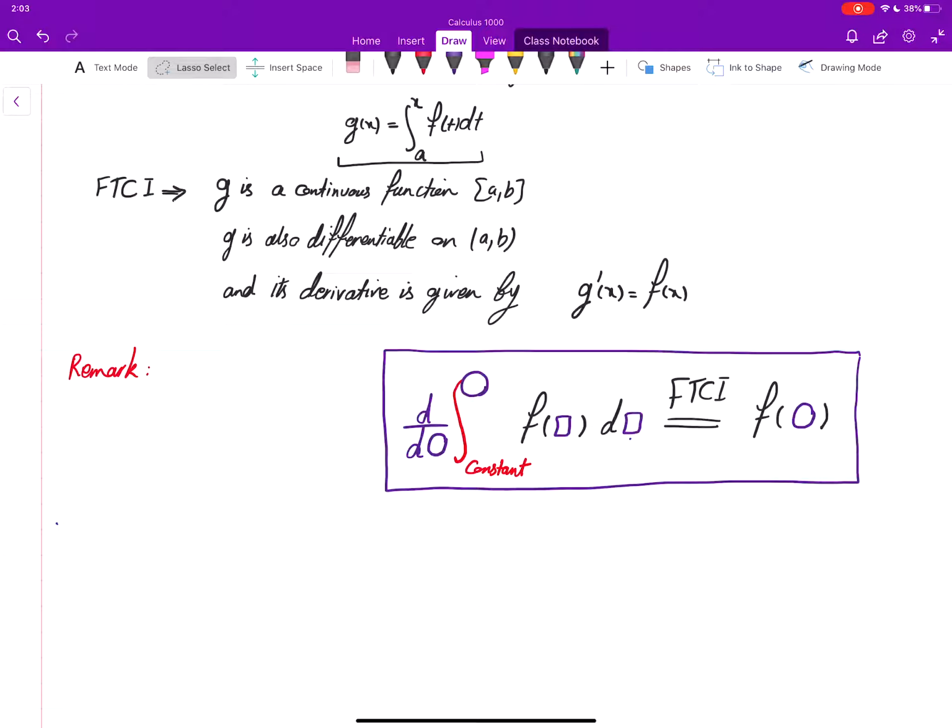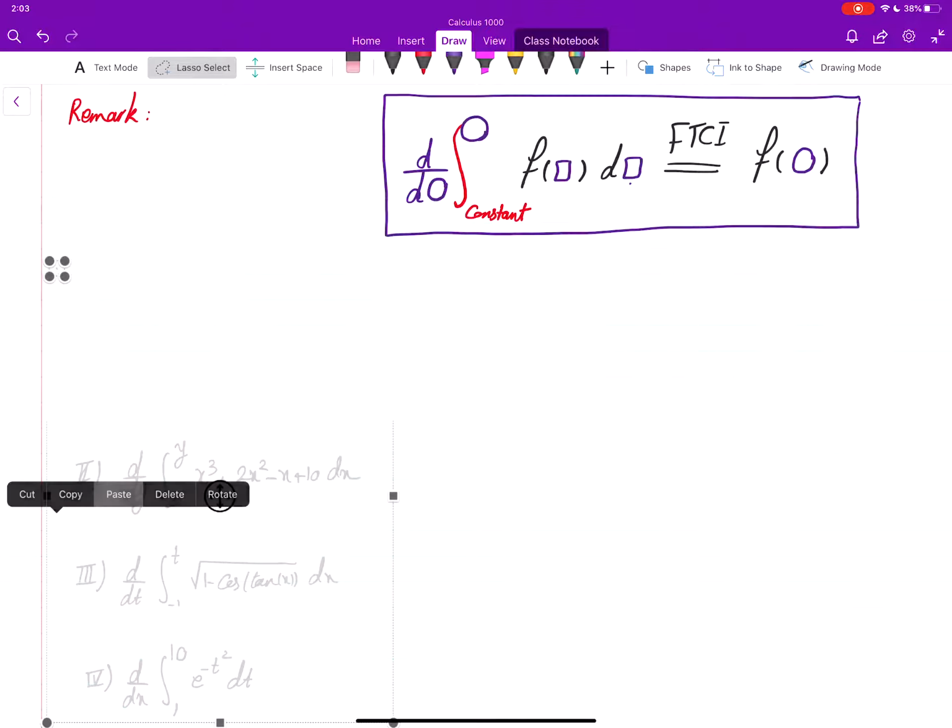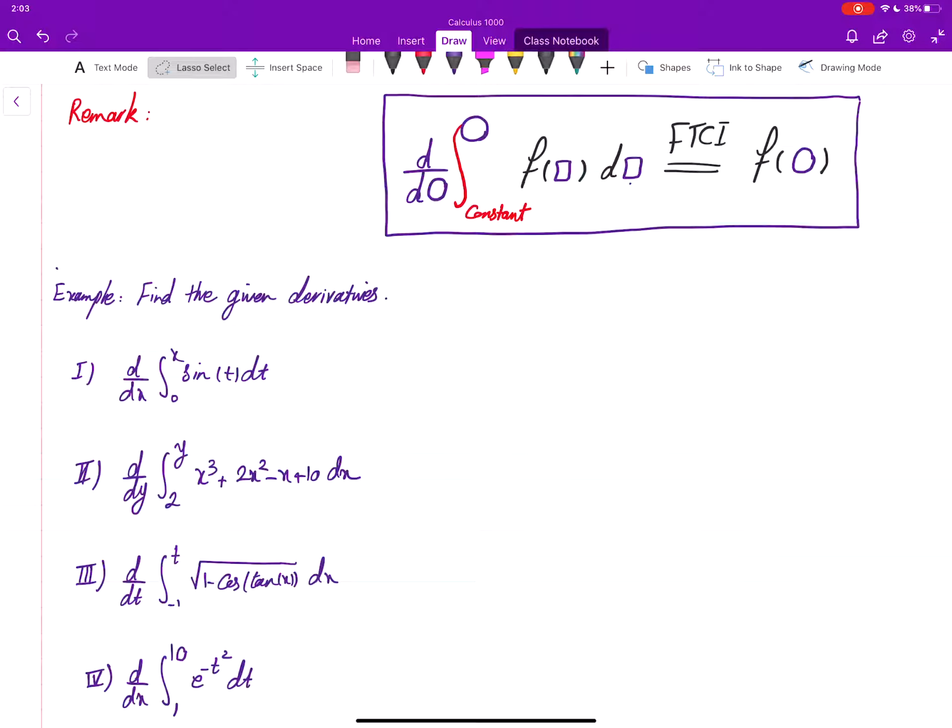Let's see what the example is. Okay, we have different integrals, and we are differentiating those. First of all, the integrating variable is t here, and you don't see any other t there. This is our integrand, the function. The lower limit is constant.